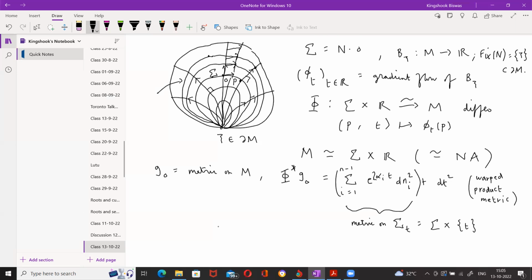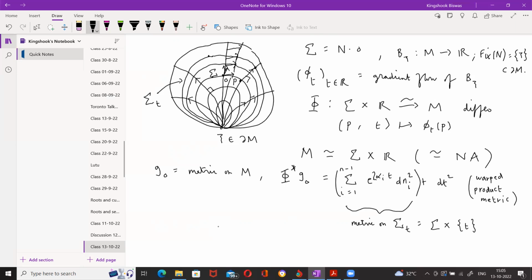So what is happening? Certain directions are getting expanded by factors e to the 2 alpha_i t, so the lengths are getting expanded by e to the alpha_i t. In the horosphere there are different orthogonal directions. Here's n_1, here's n_2. The n_1 direction is growing like e to the alpha_1 t, and the n_2 direction is growing like e to the alpha_2 t.